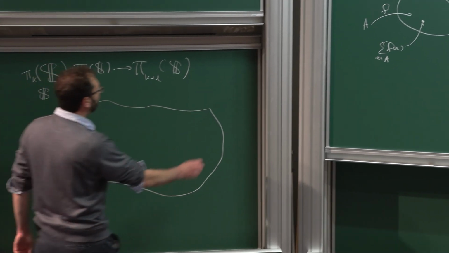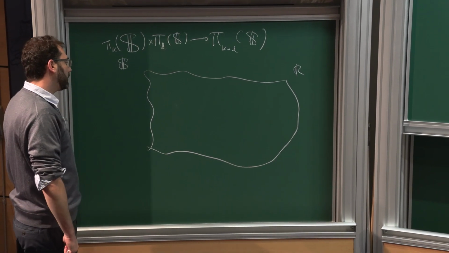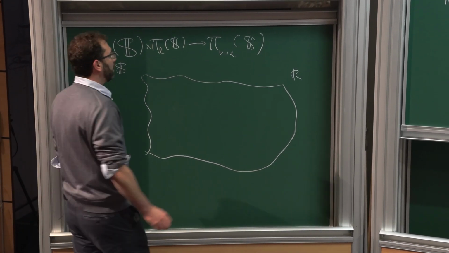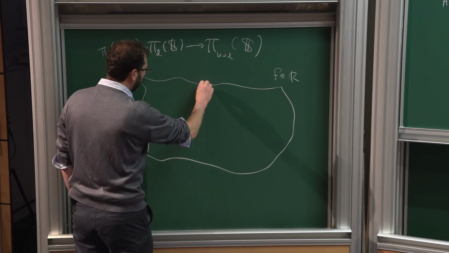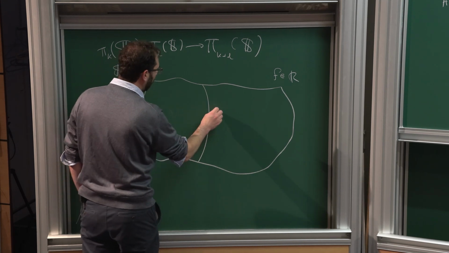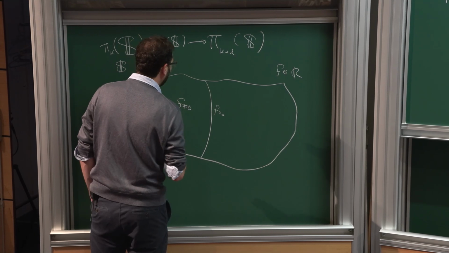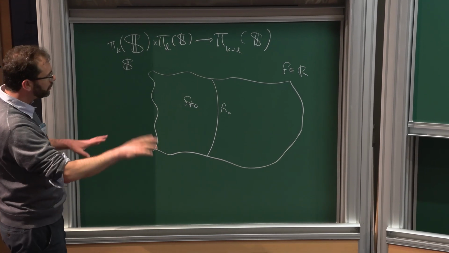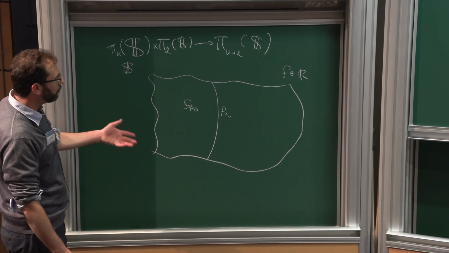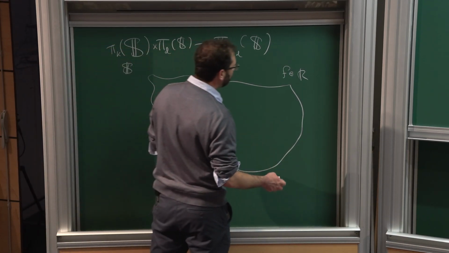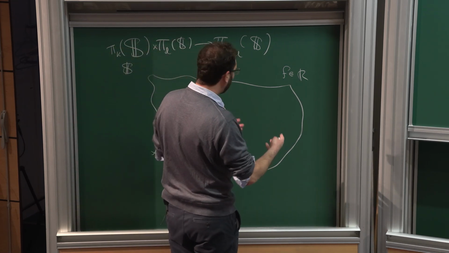So if we have a commutative ring, and we think about the space this commutative ring is functions on, if we have an element in this ring, we can consider where this function is 0 and where this function is non-zero. And that suggests a way to decompose the space into two pieces, and in an appropriate way also, in some sense, decompose our ring into two simpler pieces that then maybe we can glue together.